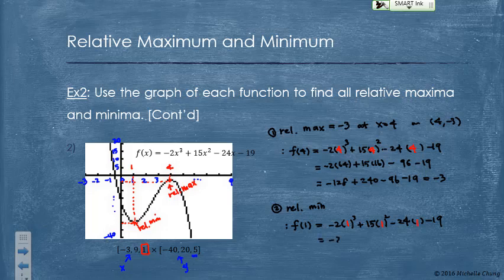So -2 plus 15 minus 24 minus 19, which is -30. So the relative minimum value is -30 at x equals 1. Or we can write it as (1, -30). So in most cases when you are given a graph like this and also the function expression, usually we evaluate the function with each x value to find the relative maximum or minimum.